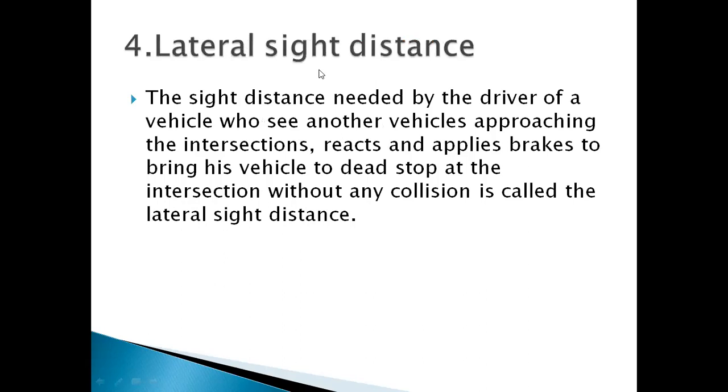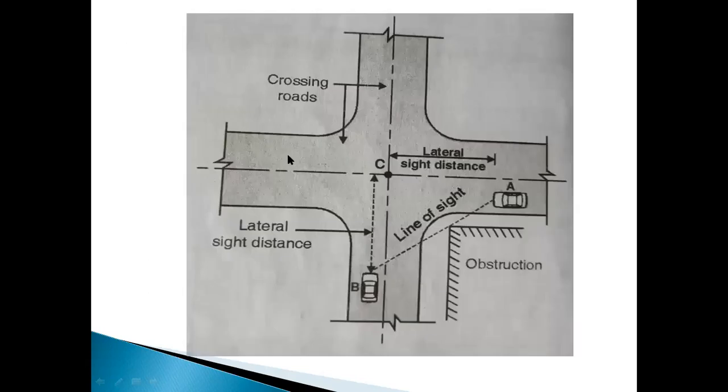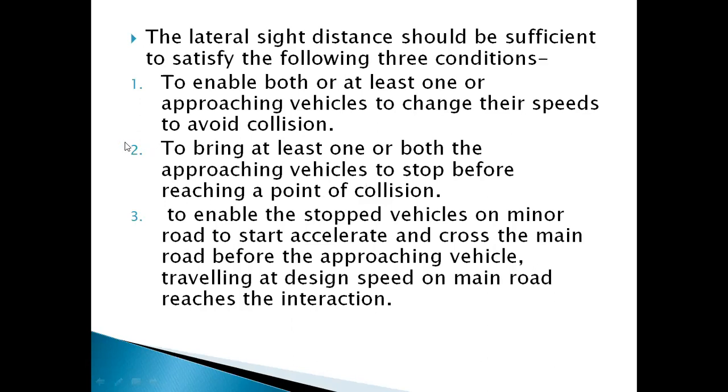Then next is lateral sight distance, which is the sight distance provided at an intersection. Hope you all get these four types of sight distance. Then the lateral sight distance should satisfy three conditions.